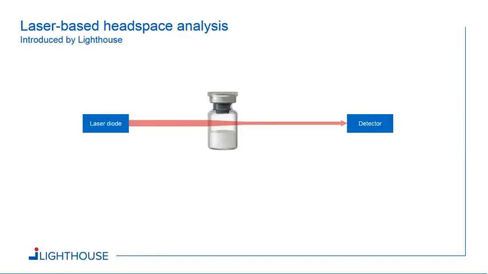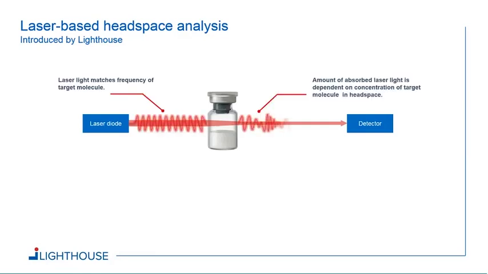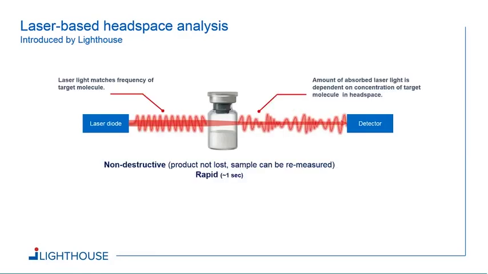If you are not familiar with laser-based headspace analysis, I'll just use this one slide to explain the technology. So Lighthouse introduced this technology into the pharmaceutical industry almost 20 years ago. And what you do is take laser light that is generated by a laser diode and you shine that through the headspace of a pharmaceutical container. And the laser light matches the frequency of a specific target molecule, so that when you measure the amount of laser light absorbed on the other side, you can actually determine the concentration of that gas inside the pharmaceutical container.